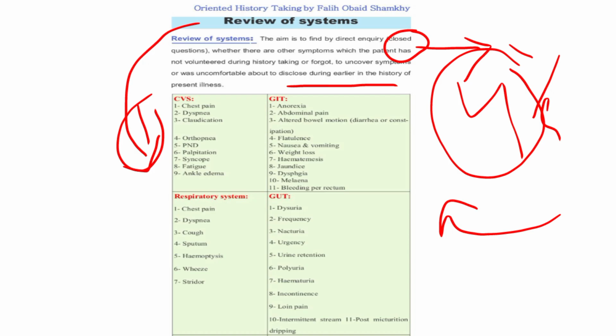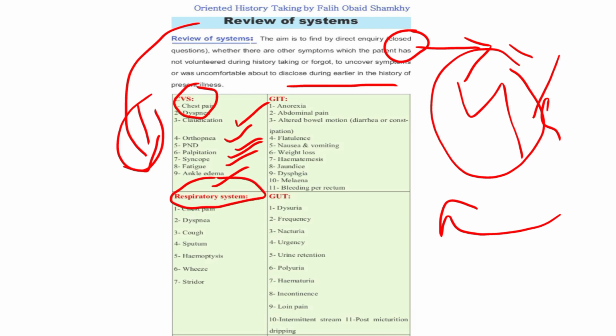It includes dyspnea, shortness of breath, claudication, any neurological or vascular symptoms when the patient starts walking, orthostatic hypotension when there is a sudden drop in blood pressure, peripheral nerve disorder, palpitation, any kind of awareness of heartbeats, syncope, dizziness, fatigue, or ankle swelling or edema. These questions are included in the cardiovascular system review.